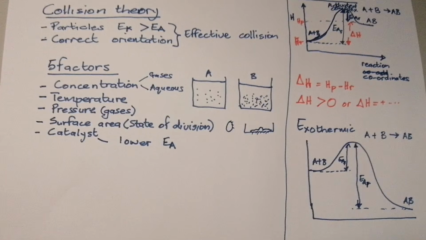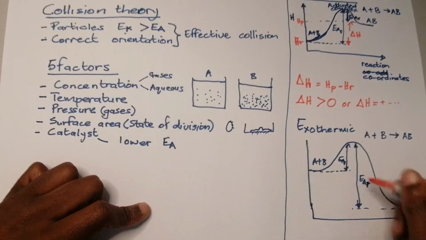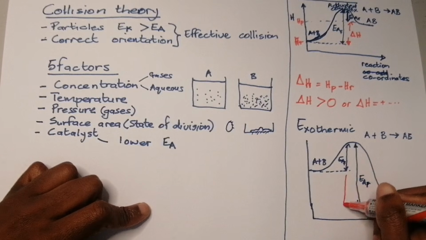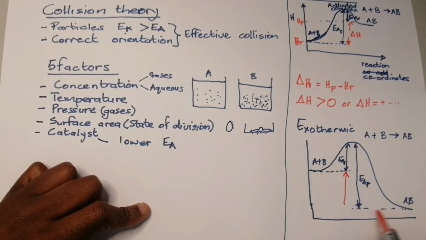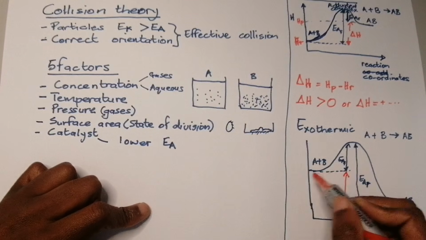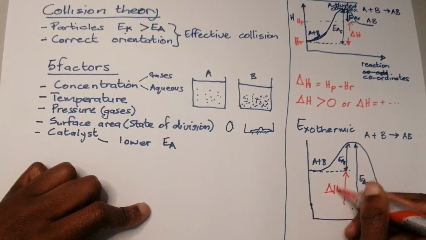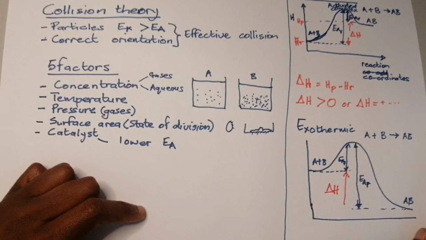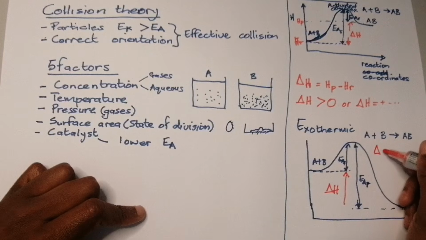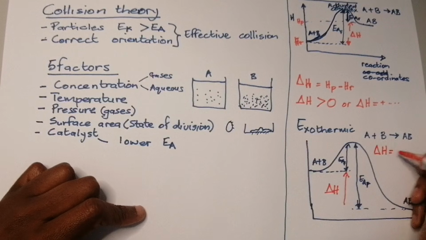Okay, so as a result, what do we notice? We notice that if we calculate that delta H value, the energy of the products minus the energy of the reactants, that's delta H, that's the change in enthalpy, right? Products have got less energy, so it's a lesser amount minus a greater amount.